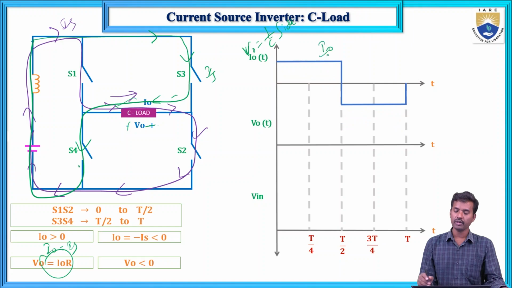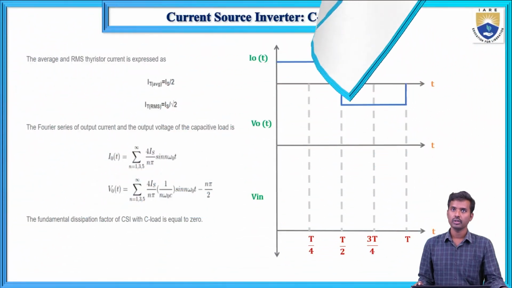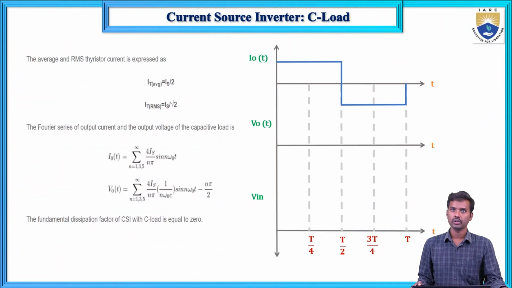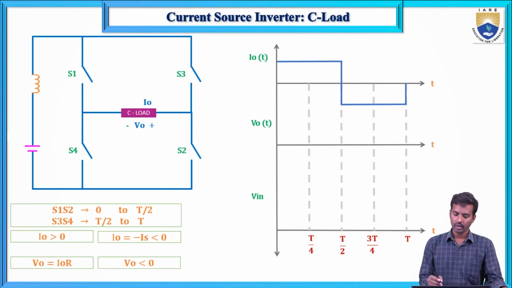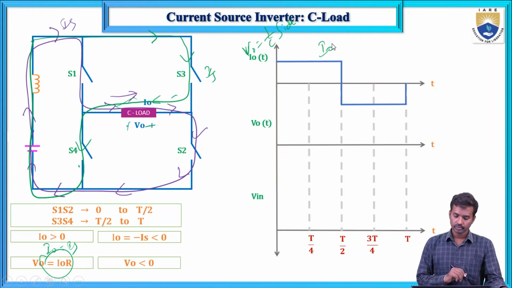The I naught is the same for all loads. For any square waveform, if you integrate it, you will get a triangular waveform. So here you will get the triangular waveform.